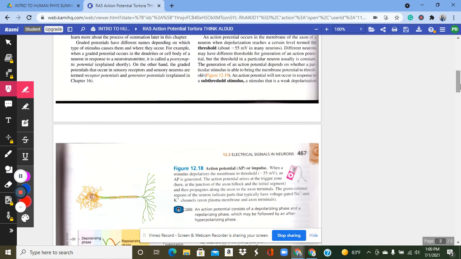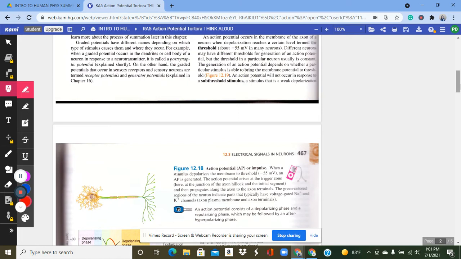So a subthreshold stimulus, which, this is actually the first time I've ever heard of it. As I said before, we didn't really go over the neuroscience aspect of psychology in a greater context. But from how I interpreted the meaning given by the text, a subthreshold stimulus is a stimulus that is too small in magnitude to produce an action potential.